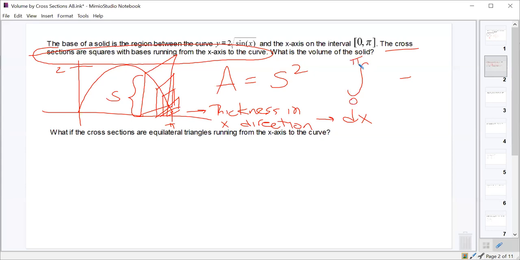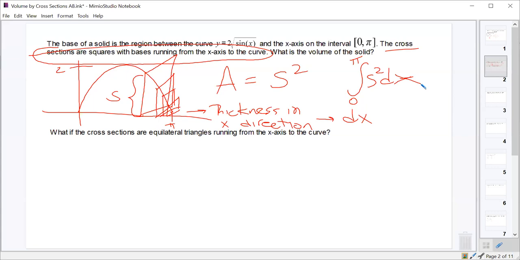Those are what my limits of integration should be, 0 to pi. I'd love to integrate s squared dx. But I can't integrate s squared dx because those variables don't match up. S squared has to be written in terms of x. So how do I write s in terms of x?